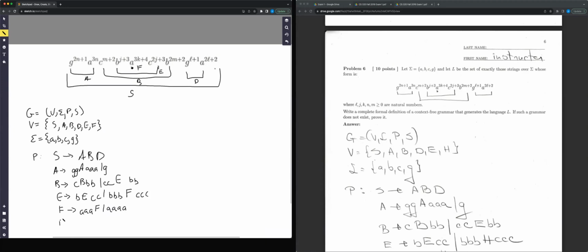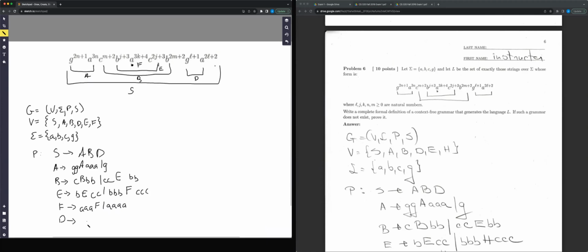And now we define D. D is just this G to the L. So 1 G in the front, and then A to the 2L, so 2 A's in the back. And then a D, and then 1 G, and then 2 A's is my base case, and then that's it.